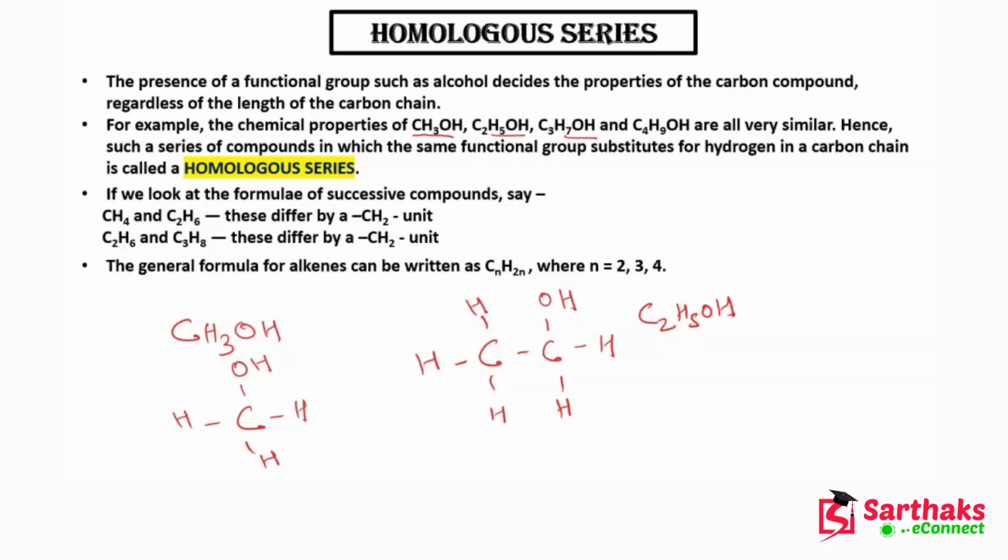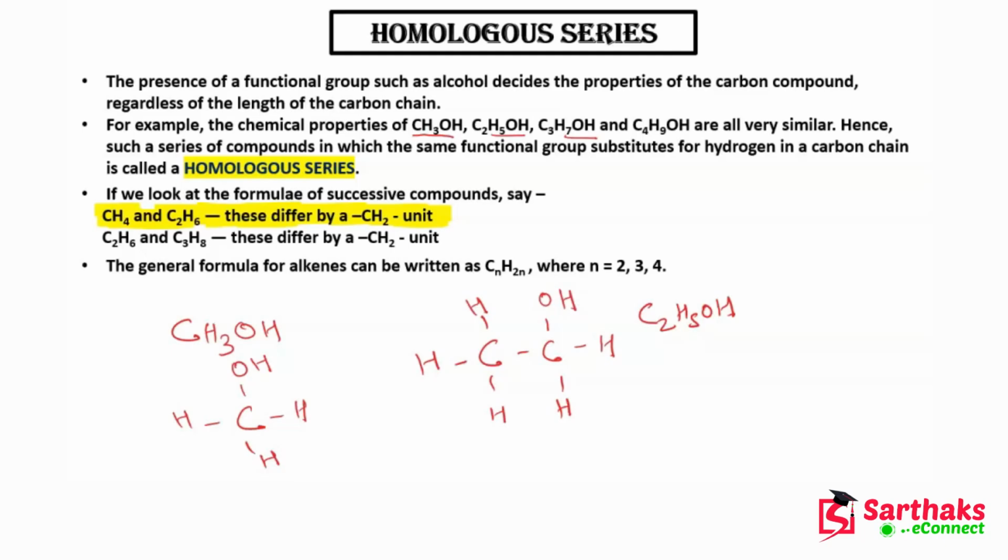Now guys, if we look at the formula of successive compounds, let's suppose CH4, C2H6. This is very important, because by this we will make the formula of alkane, alkene and alkyne.